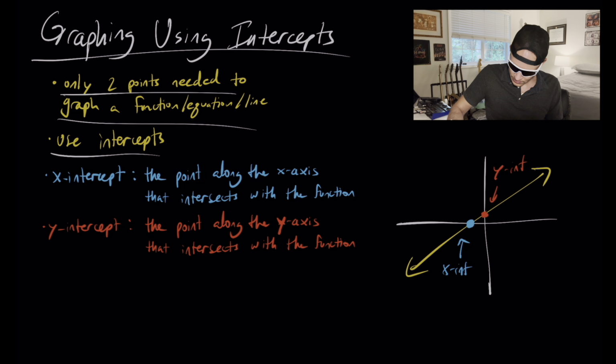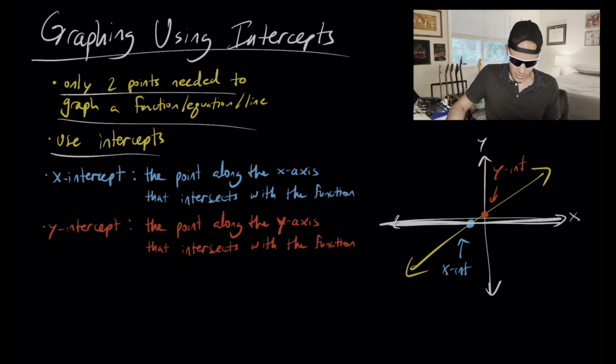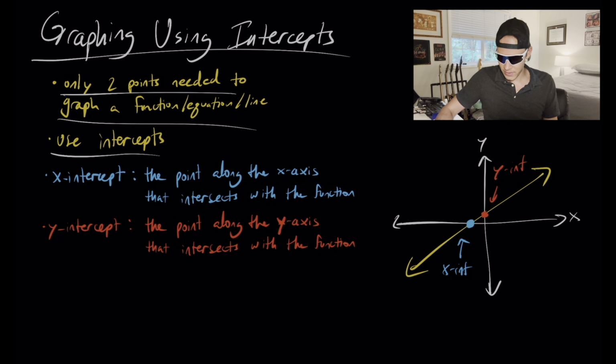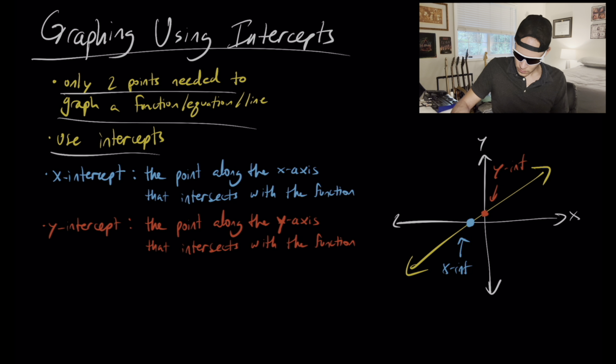This is the y-axis, and this is the x-axis. So the x-intercept is where the yellow line intersects with the x-axis, and the y-intercept is the point along the y-axis that intersects with that yellow line right there, simply put.